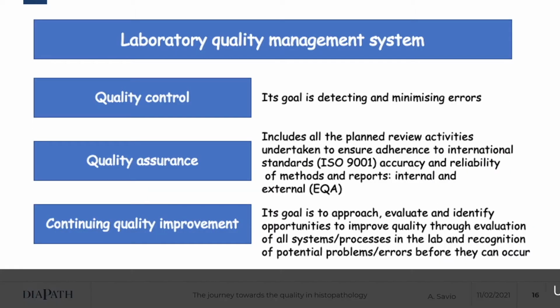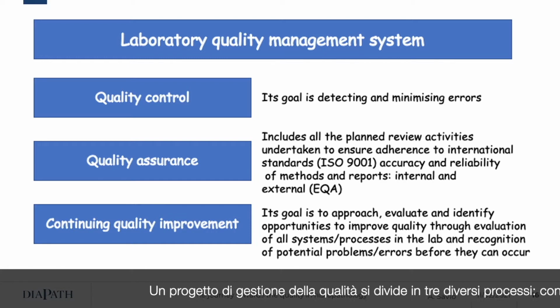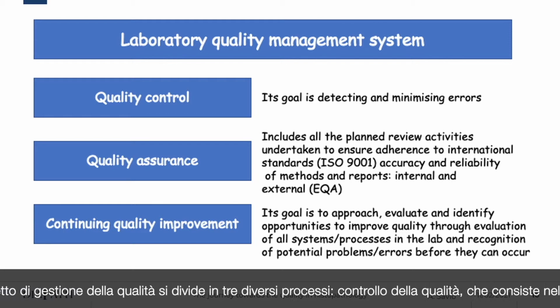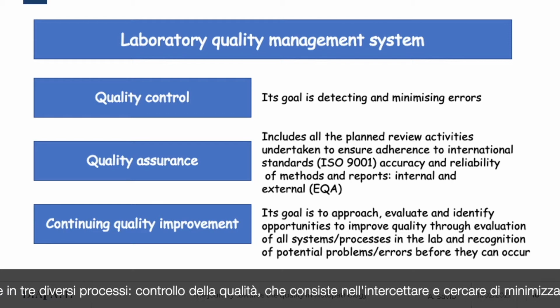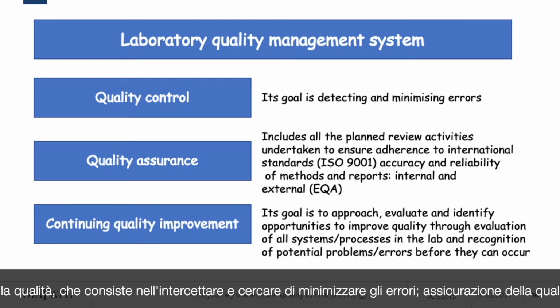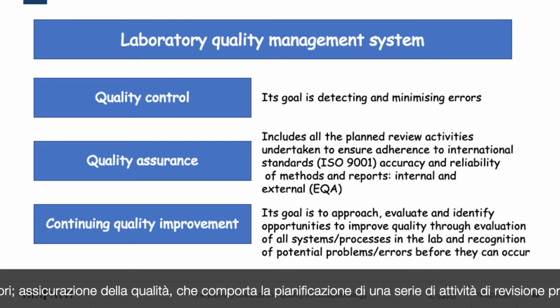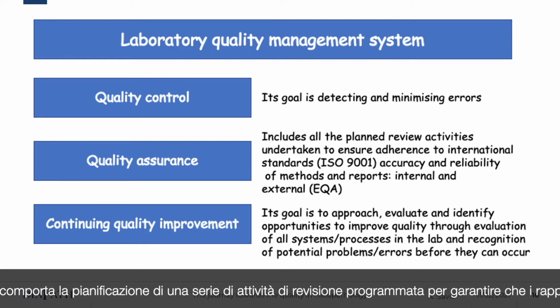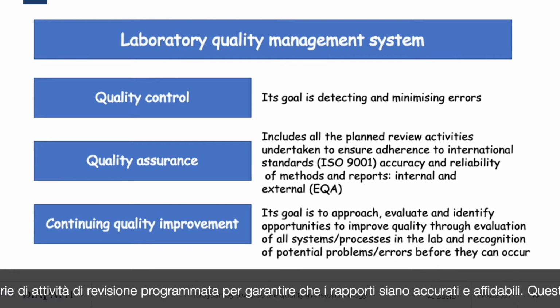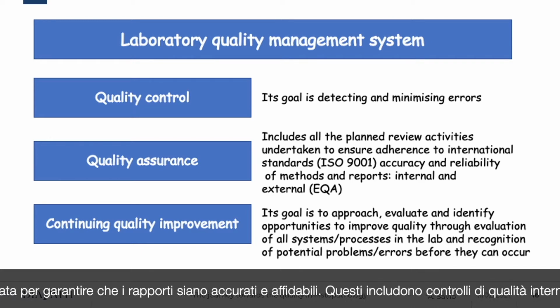A project for quality management is divided into 3 different processes. Quality control, which consists of intercepting and trying to minimize errors. Quality assurance, which involves planning a series of scheduled review activities to ensure that reports are accurate and reliable.